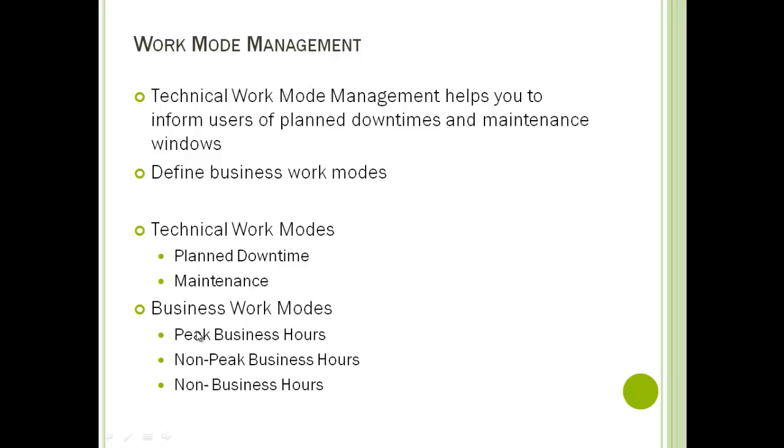However, the system is available. You may have some other activities going on, maybe background jobs or something. So these hours are called non-business hours. The system is available, however, there are no business transactions expected from the users.